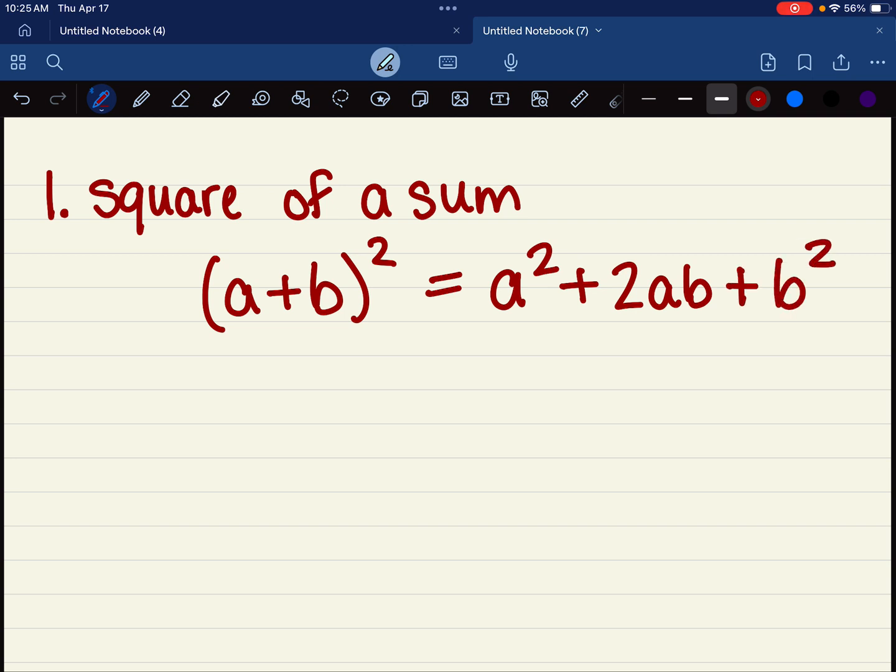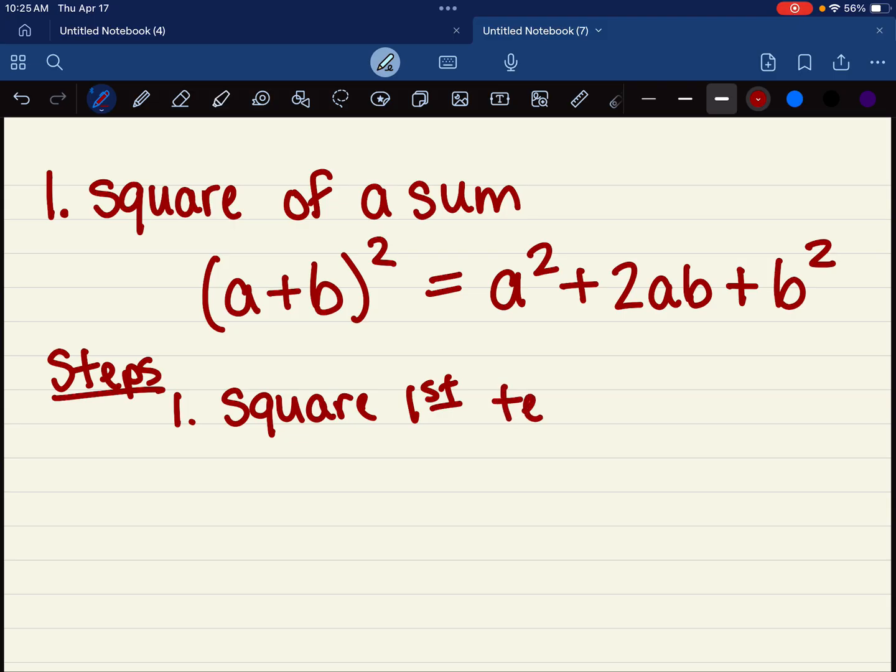And now I'm going to walk you through how we get it. Here are your steps. You're going to square the first term. So what is my first term in the parentheses?